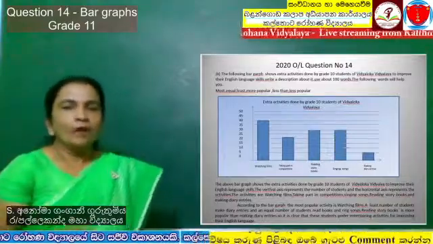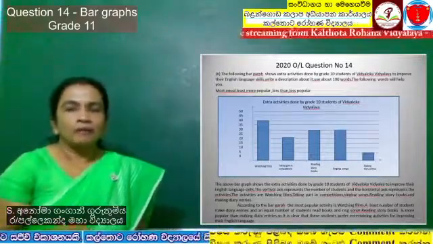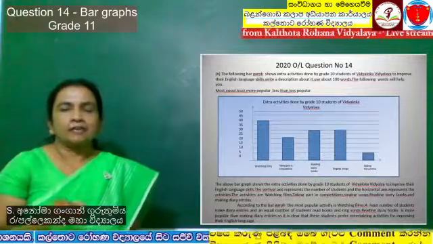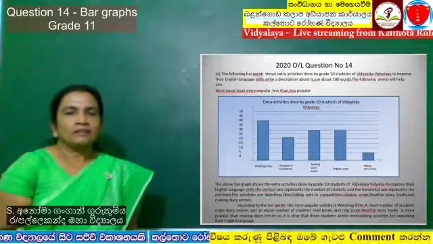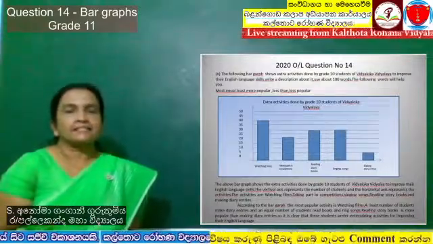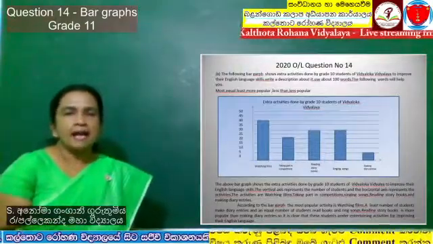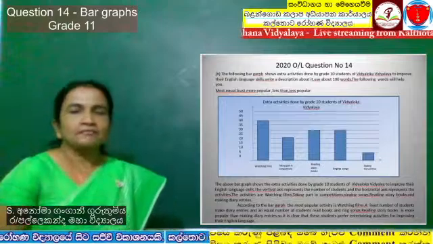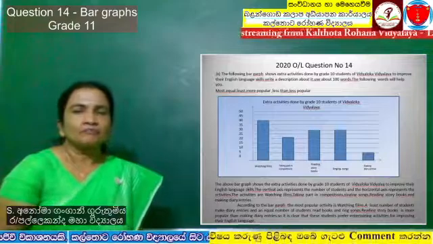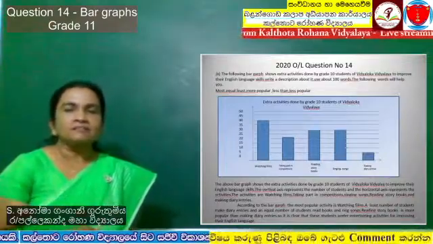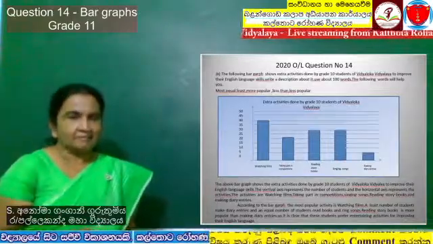The vertical axis represents the number of students and the horizontal axis represents the activities. The activities are watching films, taking part in competitions, reading storybooks, singing songs and making diary entries.